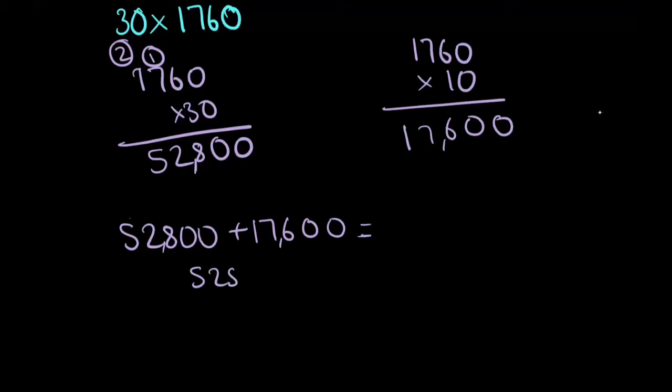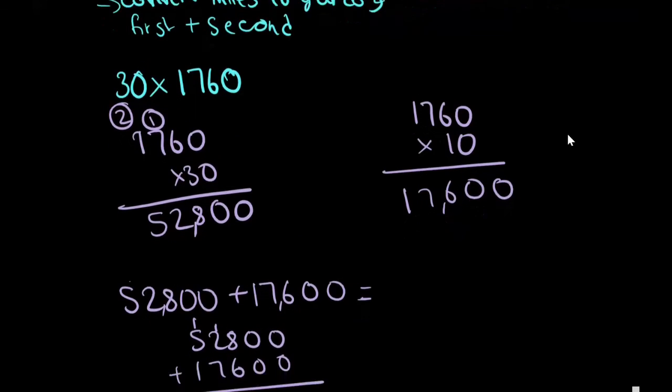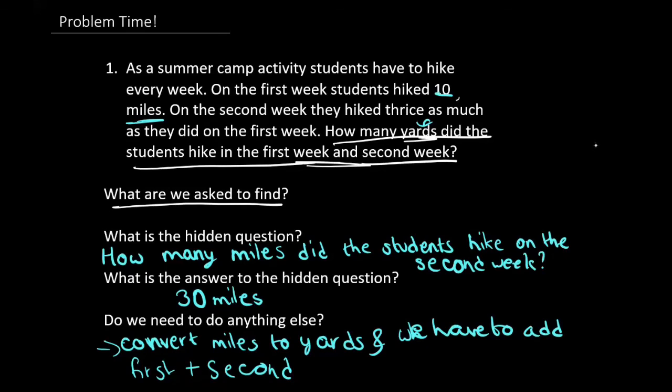So 52,800 plus 17,600 is 0 plus 0 is 0, 0 plus 0 is 0, 8 plus 6 is 14, 7 plus 2 is 9, plus 1 is 10, and 5 plus 1 is 6, plus 1 is 7. So we found our answer.